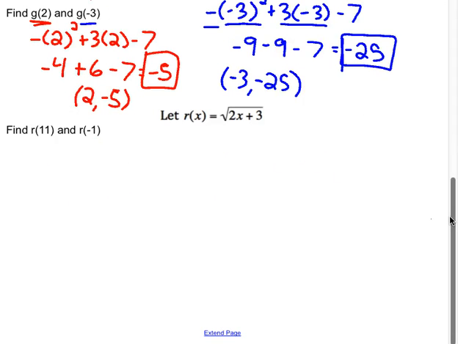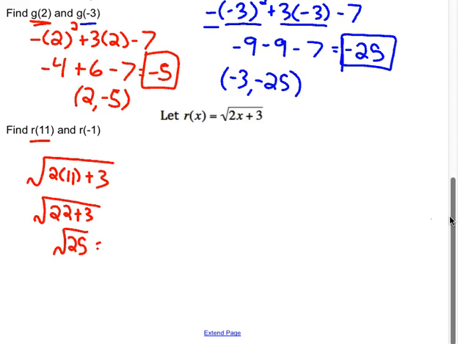All right, and this next one, plugging in 11. So here, square root of 22 plus 3, so the square root of 25, which is just going to equal 5. So my answer here is 5, but again, I'd like you to understand that that would mean the point (11, 5) is on that graph.